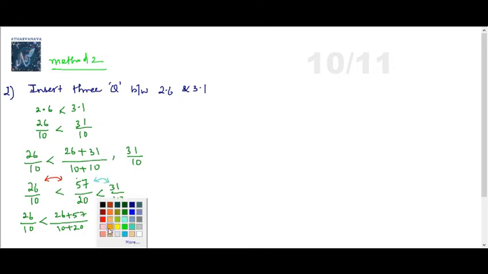So it will become how much? Less than 57 by 20 as it is, you have to write. Less than 57 plus 31 by 20 plus 10, less than 31 by 10.